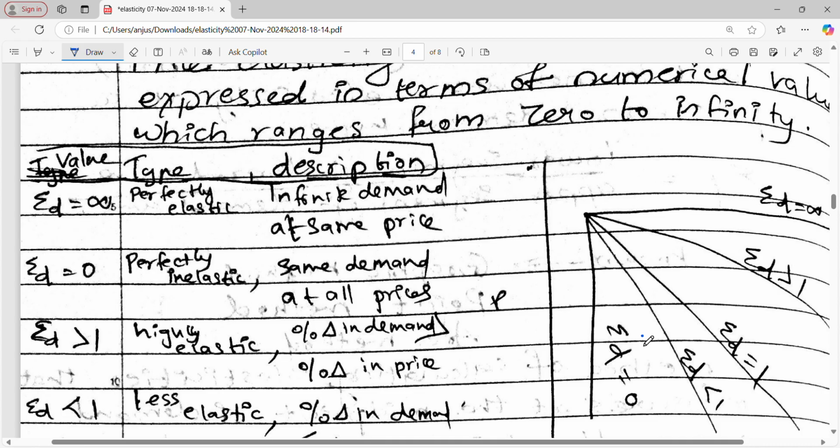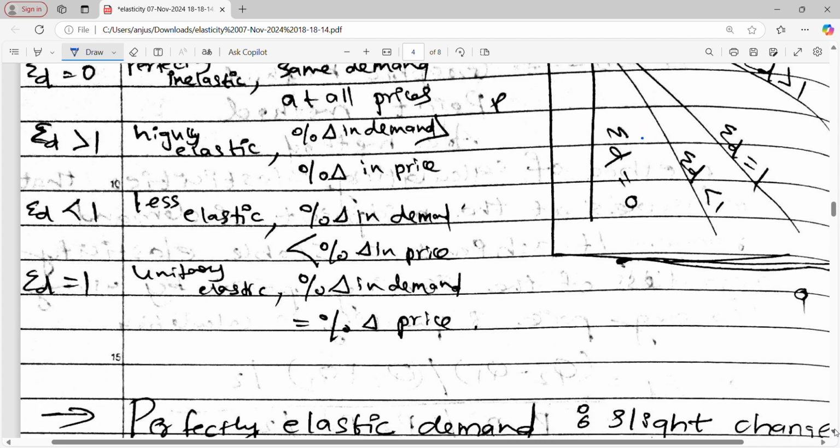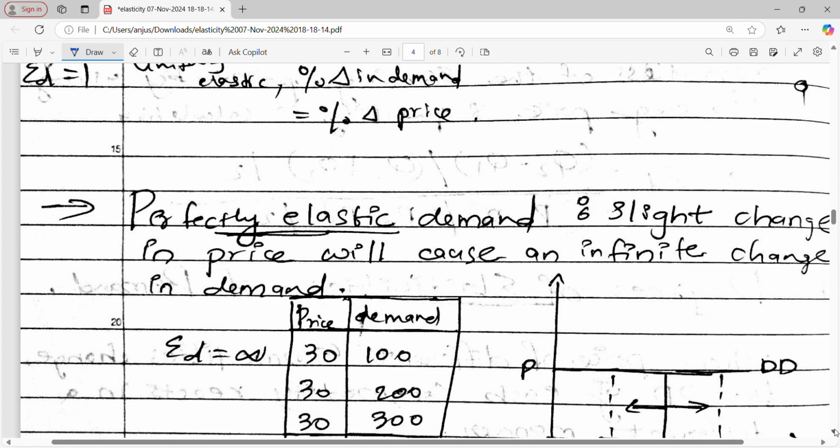That is, the change in demand is more than the change in price. Then elasticity of demand lesser than 1 means it is less elastic. Change in demand is lesser than change in price. When elasticity of demand is equal to 1, it is unitary elastic. The percentage change in demand is equal to the percentage change in price.